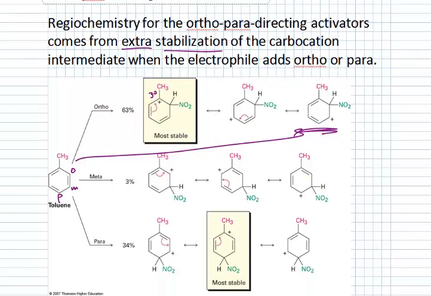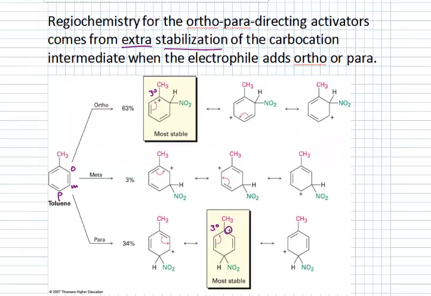But when I do para, we do have one resonance structure right there, where the plus charge lands on that tertiary carbocation. So the key to ortho-para directors is that they stabilize. When I add ortho or para, we have one extra stable resonance contributor that lowers the energy of that intermediate and makes the reaction faster.